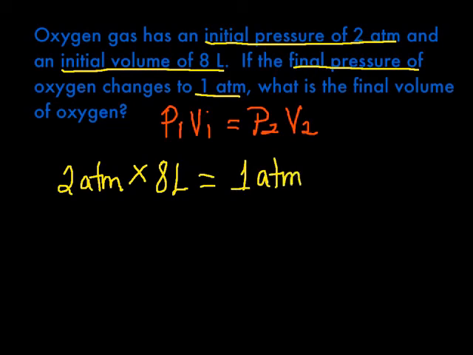And we're going to multiply that by V2, which is what we're looking for, our final volume. Okay, so we have 2 atmospheres times 8 liters is equal to 1 atmosphere times final volume. We're going to divide each side by 1 atmosphere.